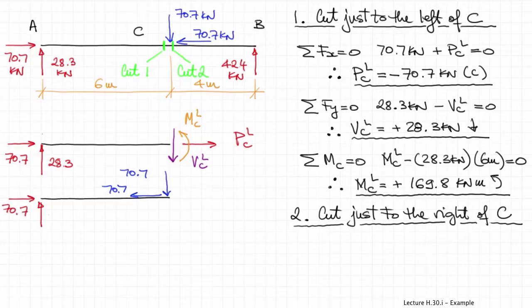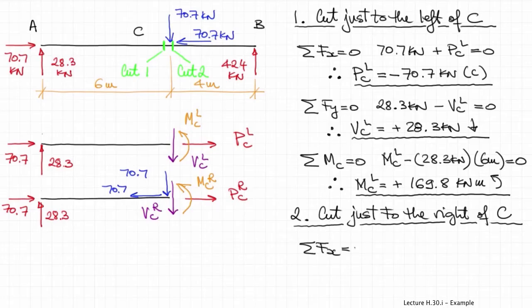So the two 70.7 kilonewton force components, horizontal and vertical. But then everything else is the same. And of course the notation indicates now that the internal forces are calculated at the right of C.